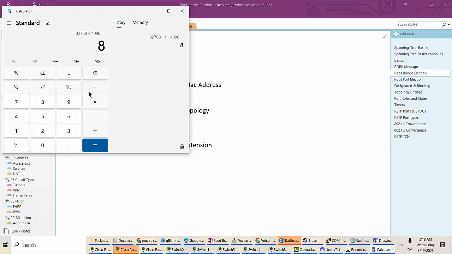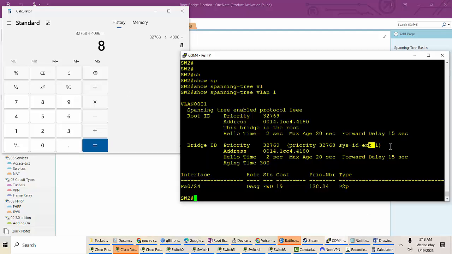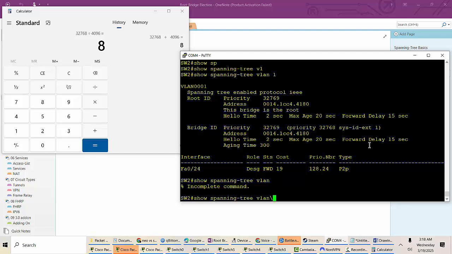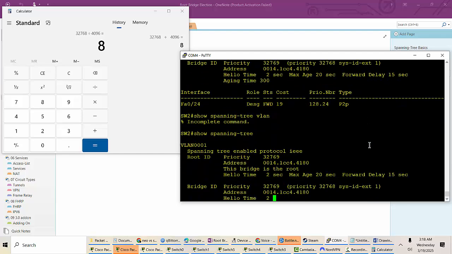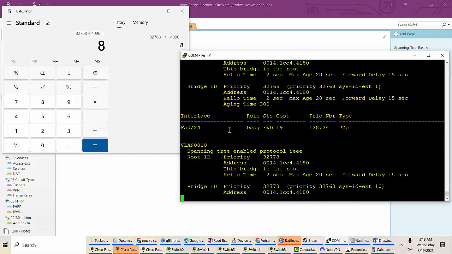Okay, 8. So we're 8 numbers in to get 32,768, but the extender is 769. That's VLAN 1.